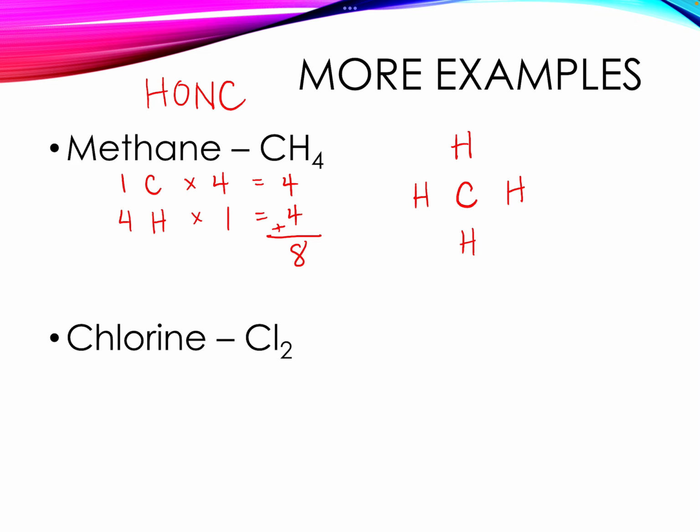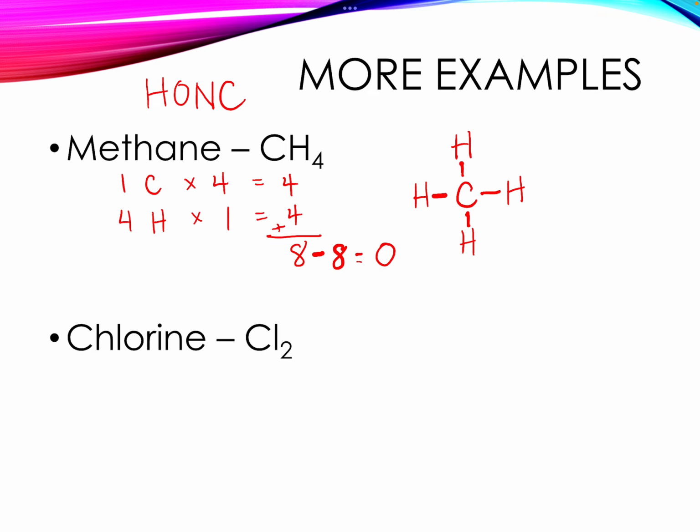Our next step is to connect all of the outside atoms, those peripheral atoms, to the middle using bonds. So we use up 2, 4, 6, 8. So we subtract 8 from 8 and we get 0 left. Okay, so our structure is done.